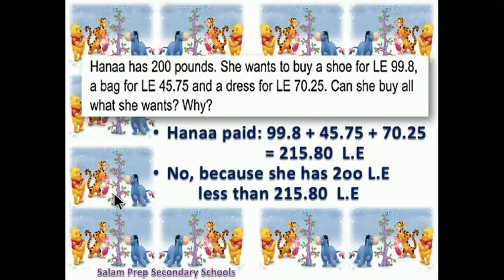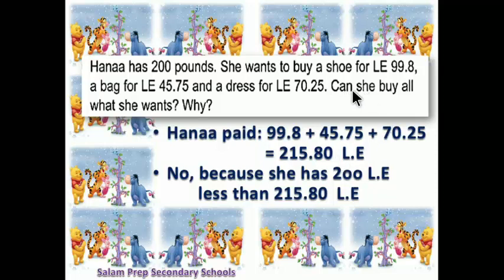Hannah will pay 99.8 plus 45.75 plus 70.25. The total amount will be 215.80 pounds. But take care.